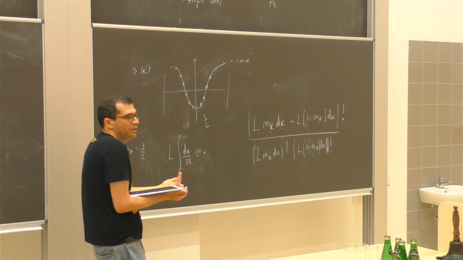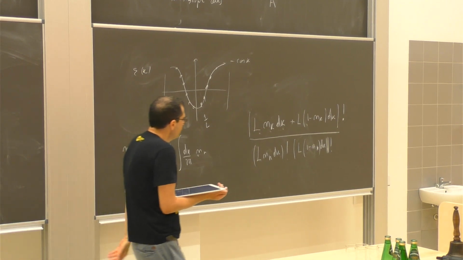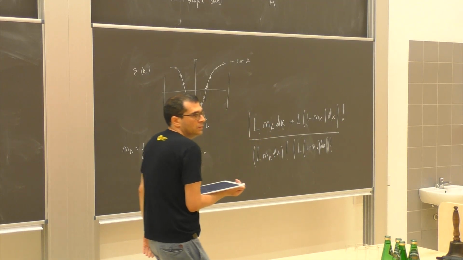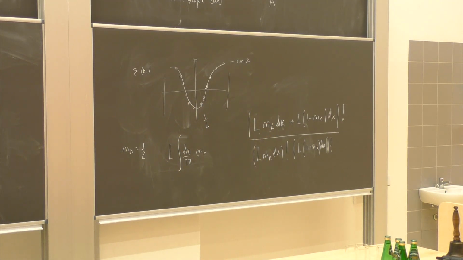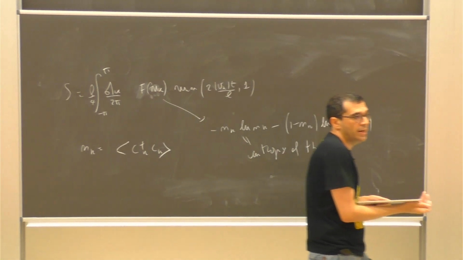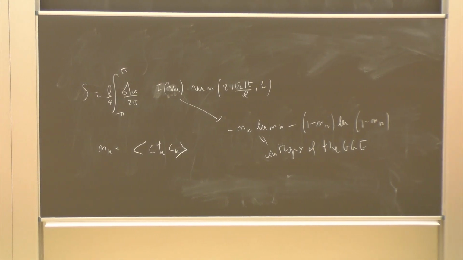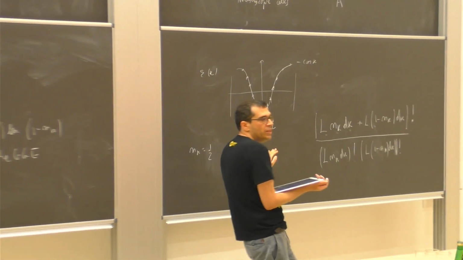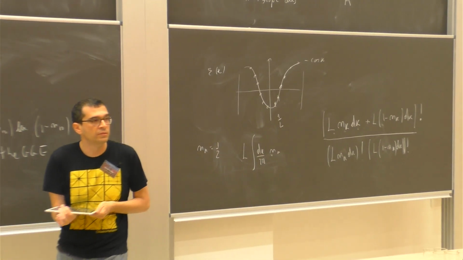And by definition, the number of eigenstates is just e to the L times the entropy. So this object is the entropy of the GGE that describes the steady state, because the n of k for each k are conserved, so the GGE is defined by giving these occupations.